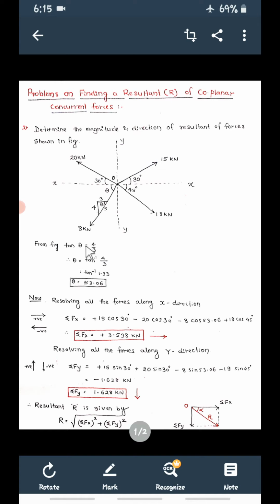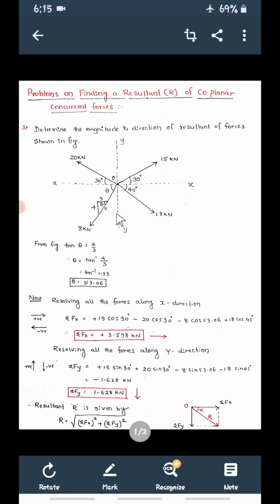So tan theta is equal to 4 by 3, and theta is equal to tan inverse of 4 by 3, that is tan inverse of 1.33, which is 53.06 degrees. So the 8 kilonewton force makes an angle theta of 53.06 degrees.